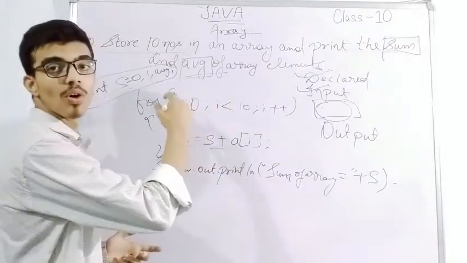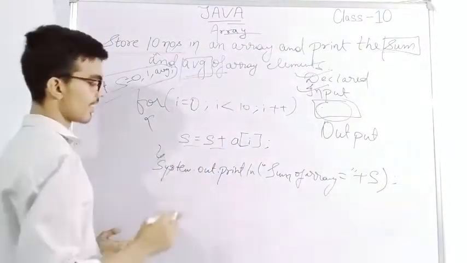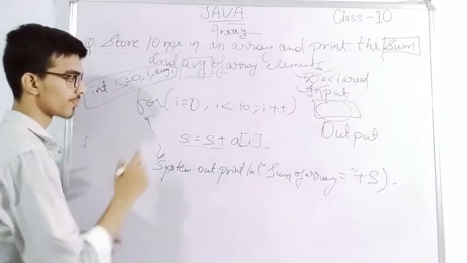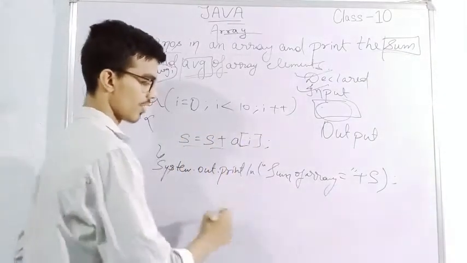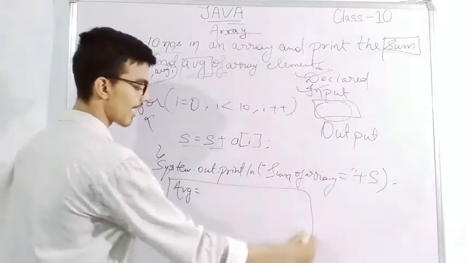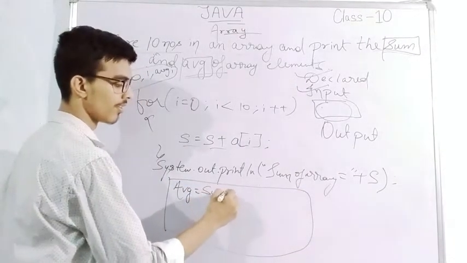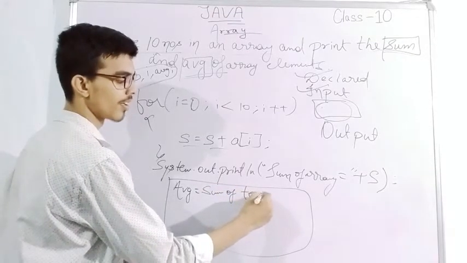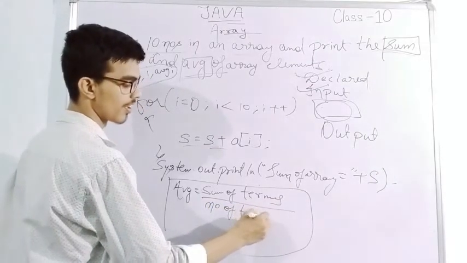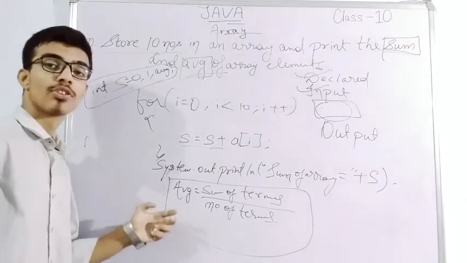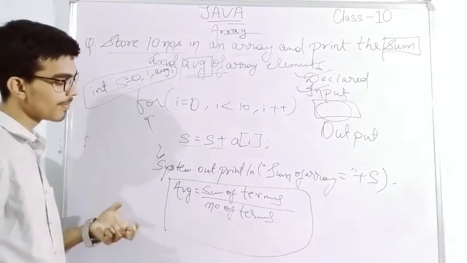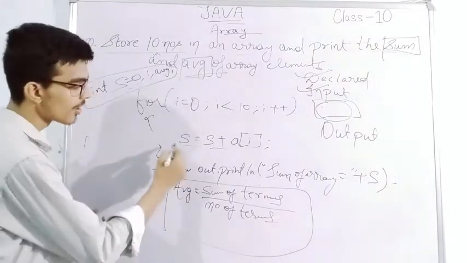After this, what do we have to do? We have to find the average of the array. What is the formula for average? Sum of terms divided by number of terms. Instead of taking out the sum again, we can put this value.